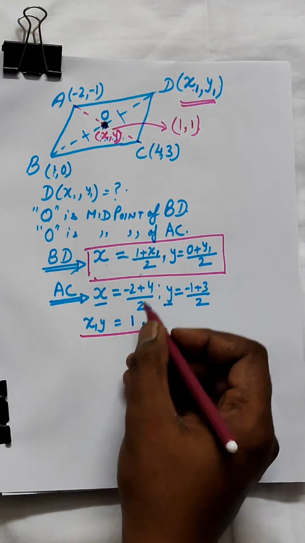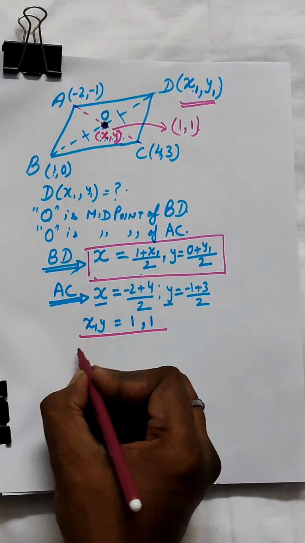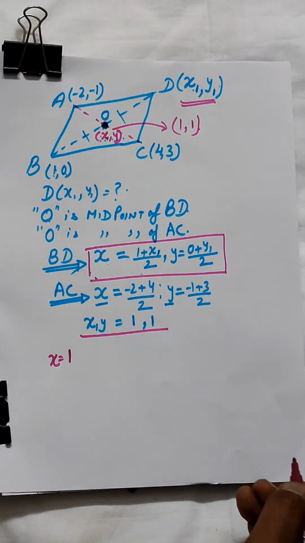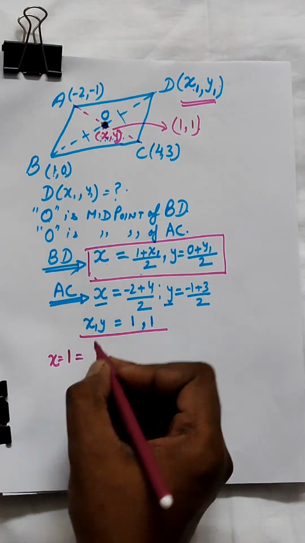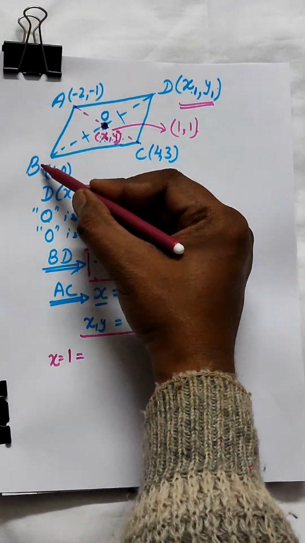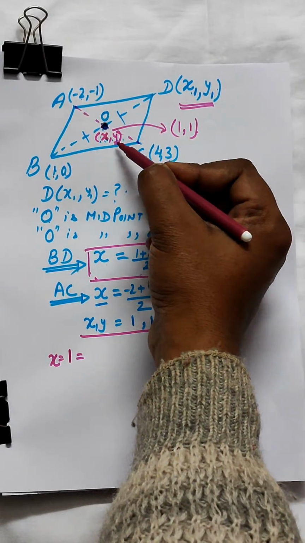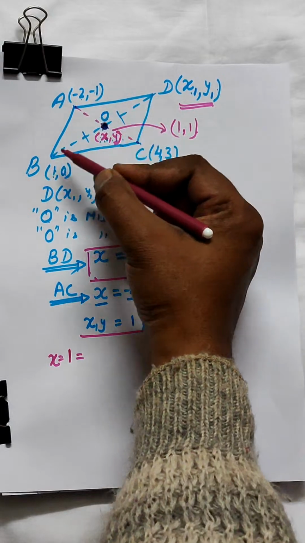So x is equal to 1, and this is the midpoint of the diagonal BD.